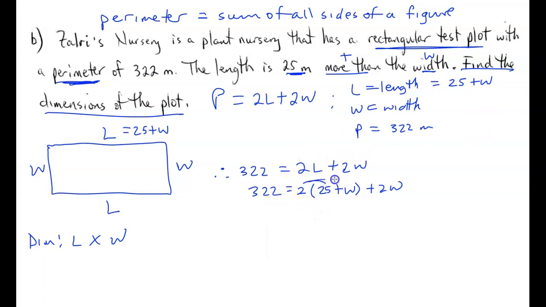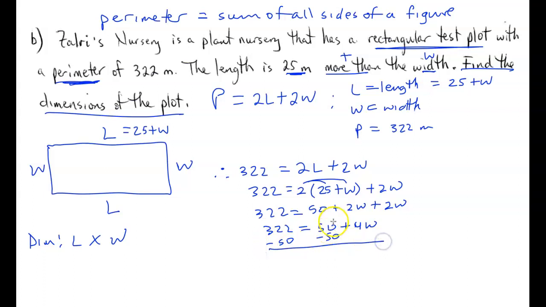So if we distribute 2 to both terms there, we'll have 50 plus 2W plus another 2W. And that's equal to 322. 2W plus 2W is 4W. And then from here, we can subtract 50 from both sides.